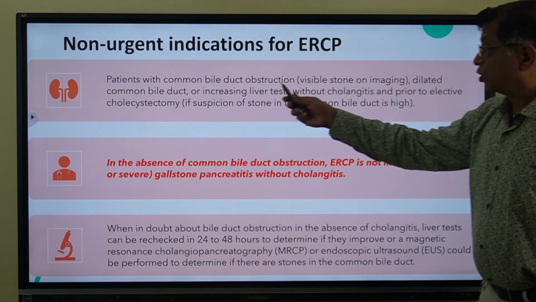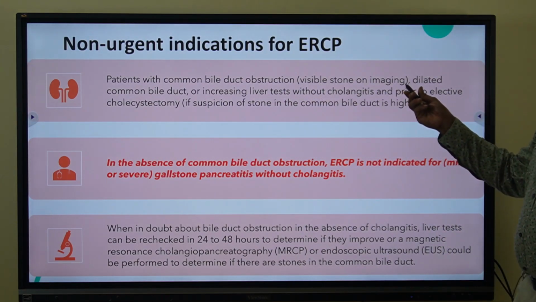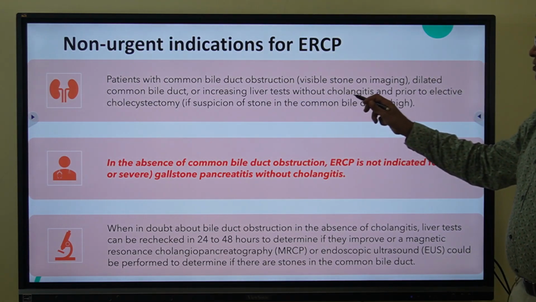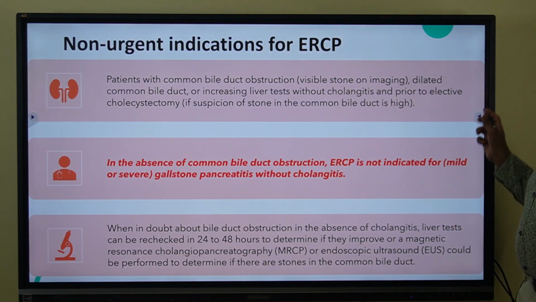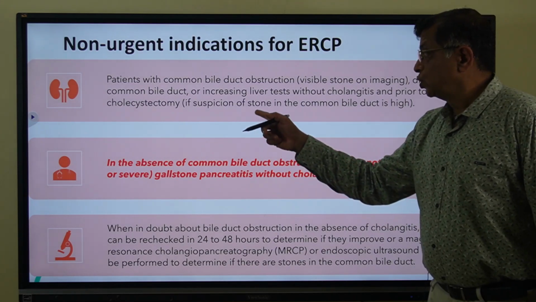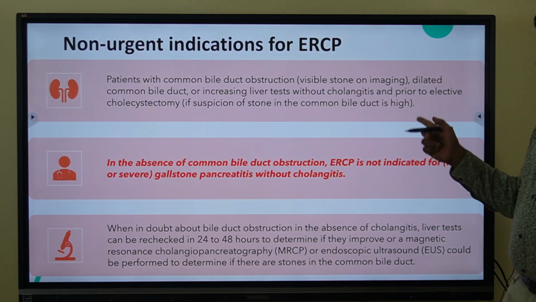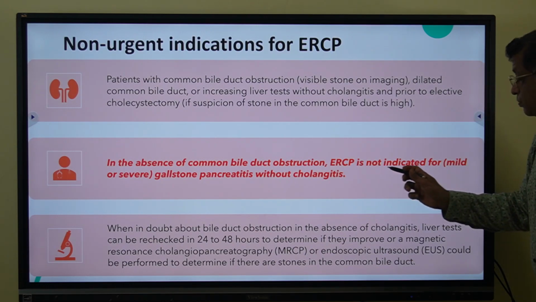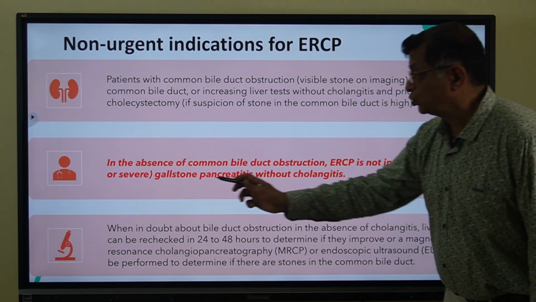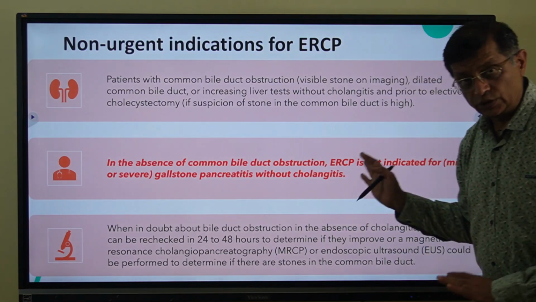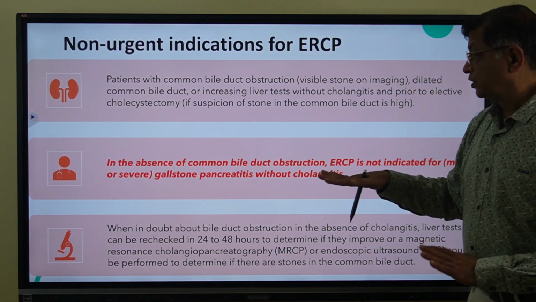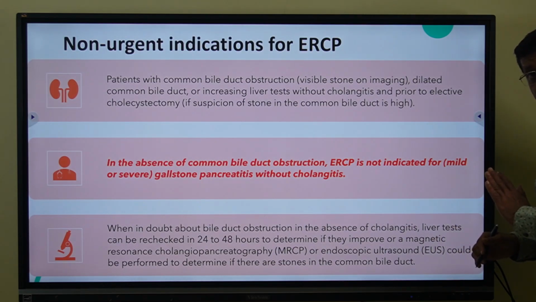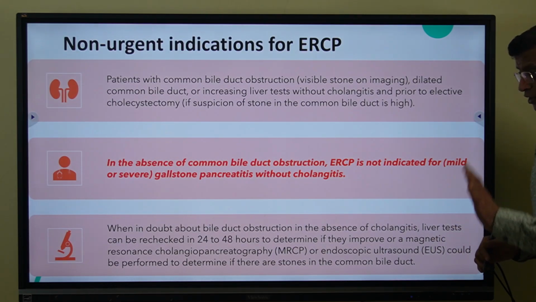Patients with common bile duct obstruction, like a visible stone on imaging or dilated common bile duct or increasing liver enzymes without cholangitis, prior to elective cholecystectomy. So if there is a suspicion of stone in the CBD, get an ERCP done. In the absence of common bile duct obstruction, ERCP is not indicated for mild to moderate gallstone pancreatitis without cholangitis.